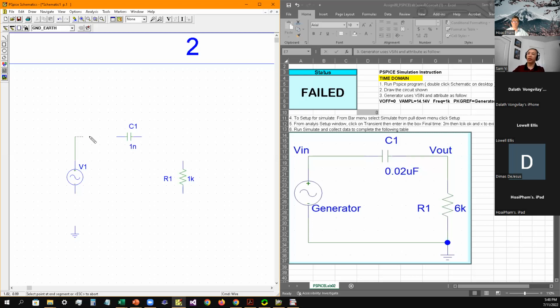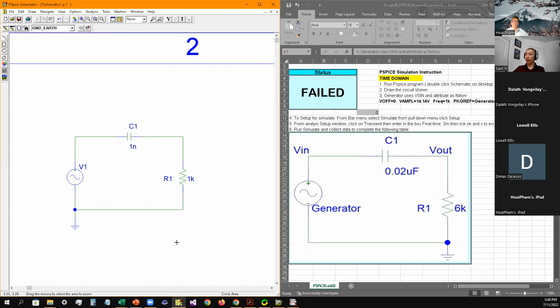Go up here, click on that one time, and click once at each bend. Then come to the lead of the next one and click once to connect. Continue to the next one, click once, connected there. Then right click to exit that mode. All right, so it's connected.